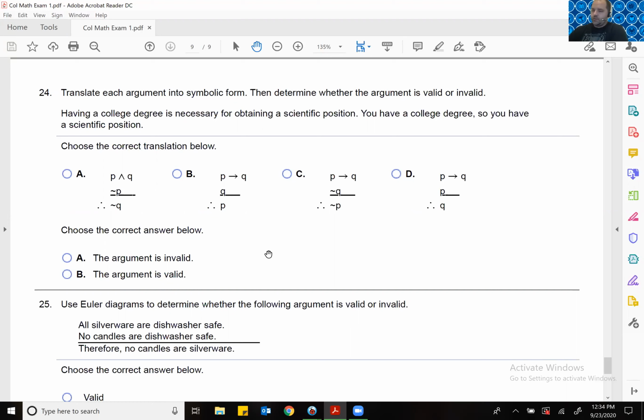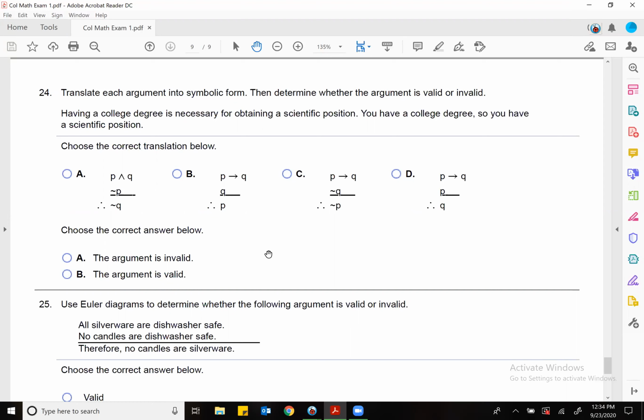You have a college degree. So you have a scientific position.